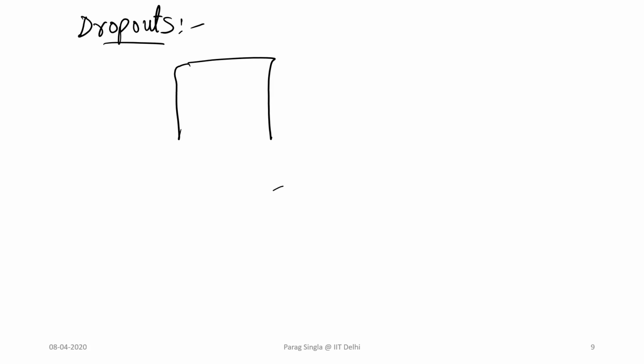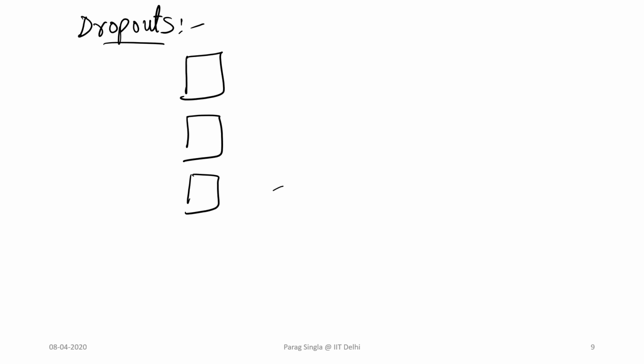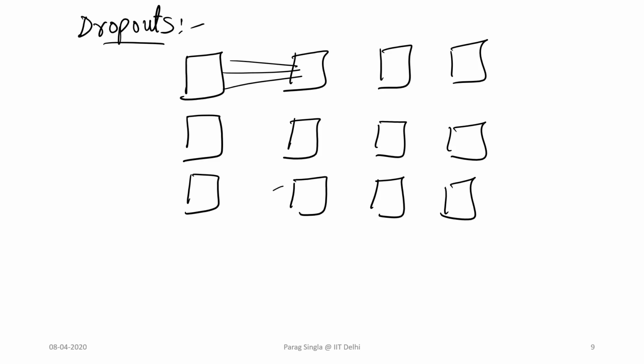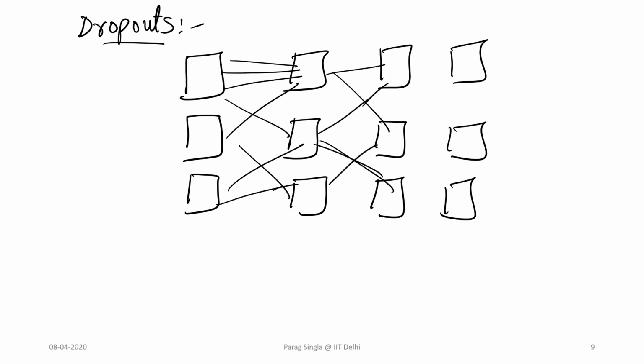So what is the basic idea? Let me demonstrate this with the help of a small architecture, and to keep things simple, I will just draw this in the form of a standard neural architecture, where you have all these cross connections between units in adjacent layers, feeding into each other.